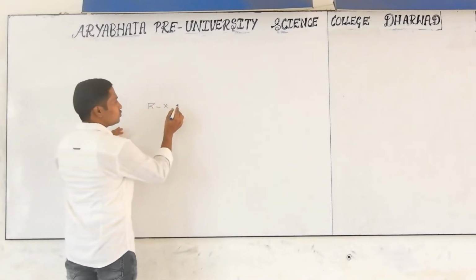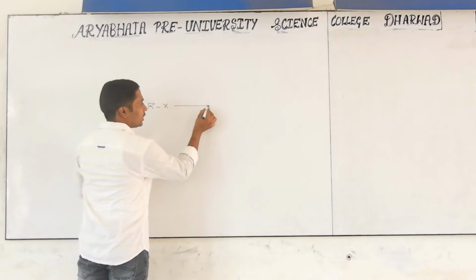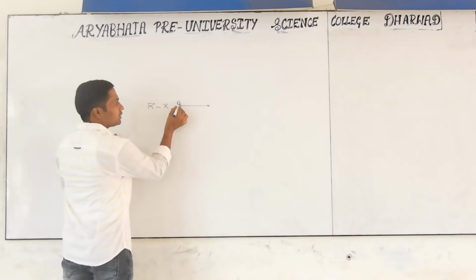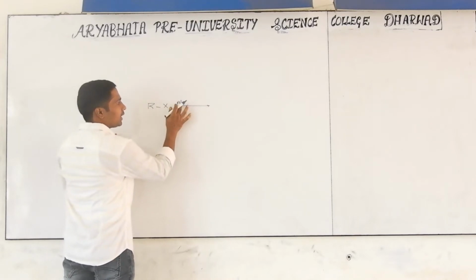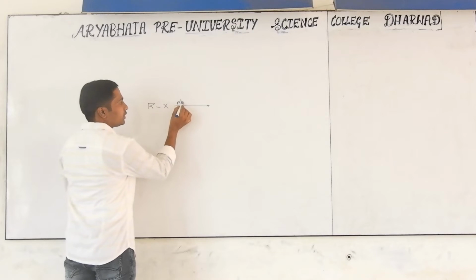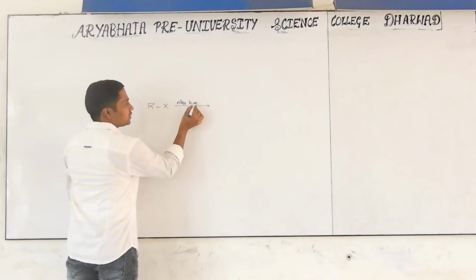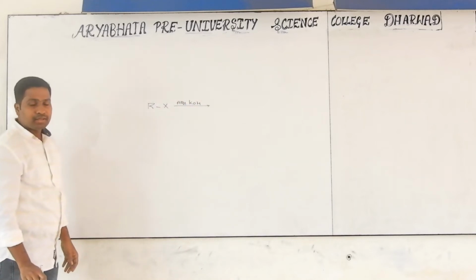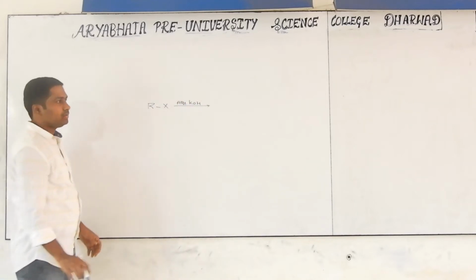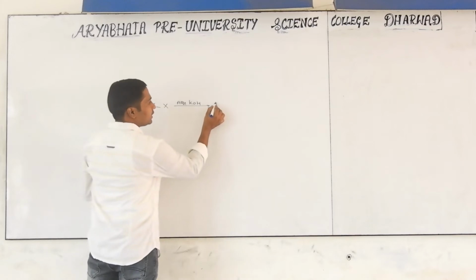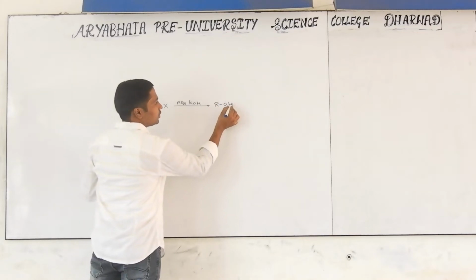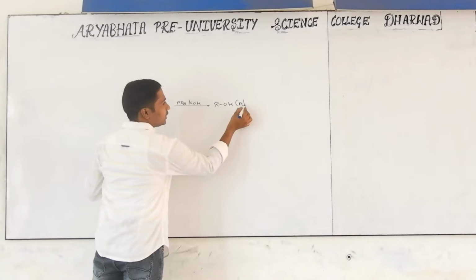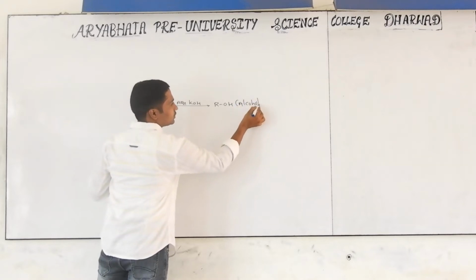We have so many chemical properties. If you take, for example, aqueous KOH or NaOH, what is the product we are getting? A substitution product, ROH, which we call alcohols.